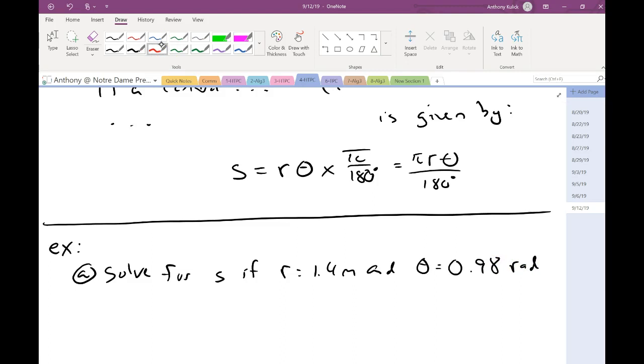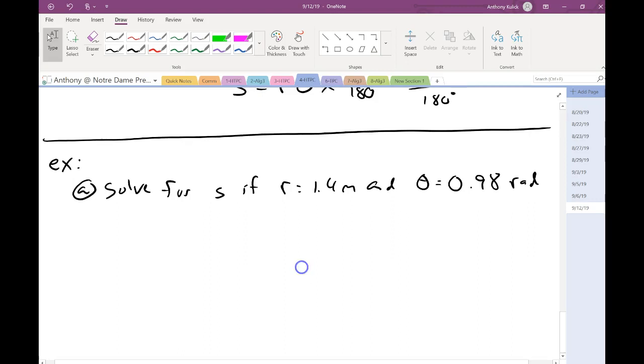So if we're asked to solve for s, if r is 1.4 meters and theta is 0.98 radian, which of the two formulas should I use, the first formula or the second formula? The first one, because the angle measure we're given is in radians.